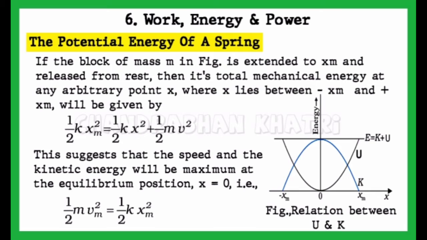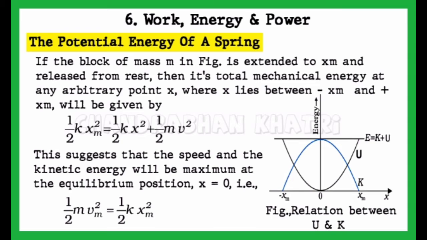If the block of mass small m in figure is extended to xm and released from rest, its total mechanical energy at any arbitrary point small x, where small x lies between minus xm and plus xm, will be given by half kxm square equals half kx square plus half mv square.